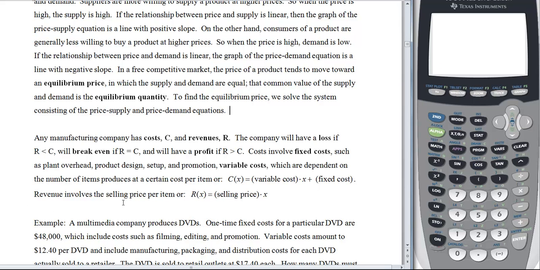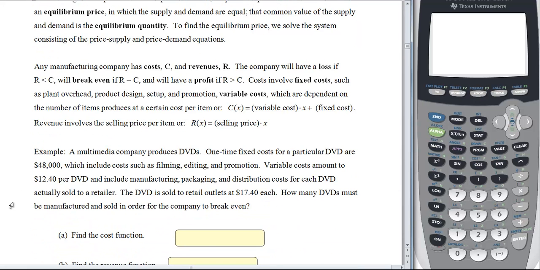Revenue only involves selling price per item. So revenue is selling price times number of items sold. So I've got an example. A multimedia company produces DVDs. One-time fixed costs for a particular DVD are $48,000, which include costs such as filming, editing, and promotion.